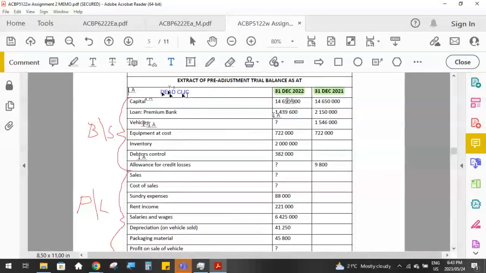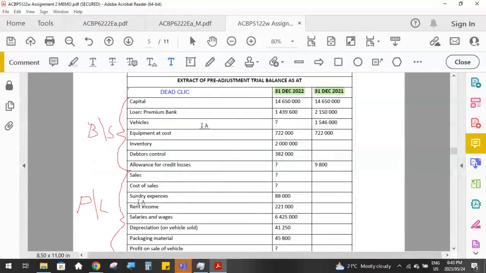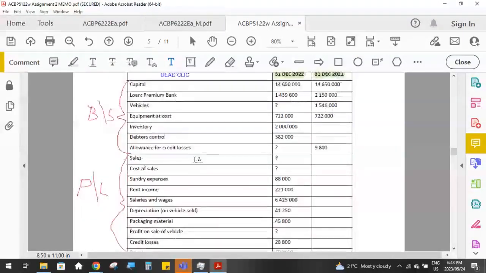Inventory, debtors control are current assets. Assets increase on the debit side. An allowance for credit losses is a negative asset that belongs with debtors control, so that will increase on the credit side. And then income and expenses. Expenses increase on the debit side and income increases on the credit side.